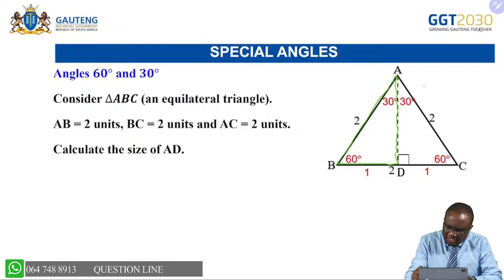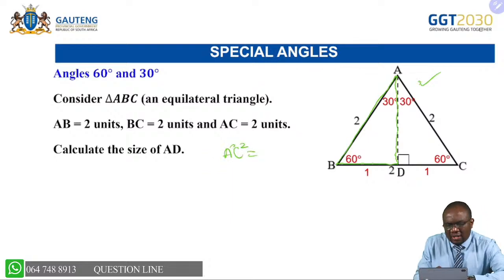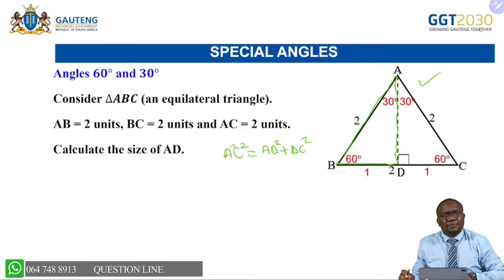If we use this side, it's still okay. The one which is not shaded, this side. Right. Now, let's use the AC one. So it's going to be AC squared is equals to AD squared plus DC squared. Okay? You see that?